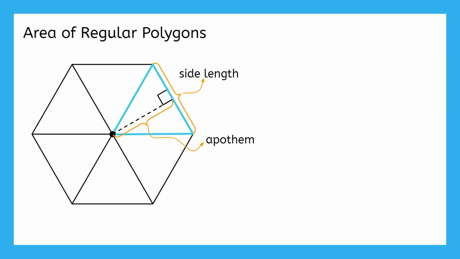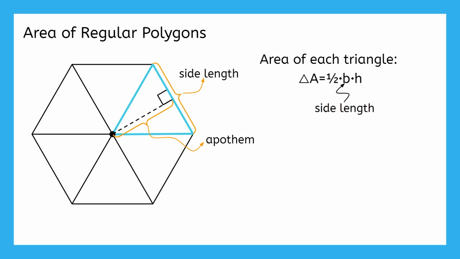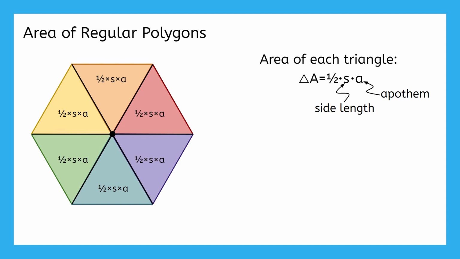To find the area of a triangle, we calculate 1/2 base times height. For these triangles, the base is the side length of the regular polygon. We'll call that s. The height is the apothem, and we'll call that lowercase a. So each of these triangles has an area of 1/2 s a.